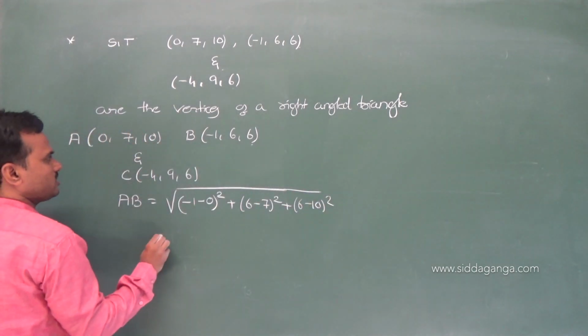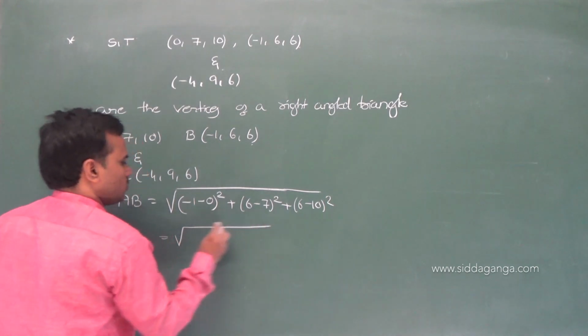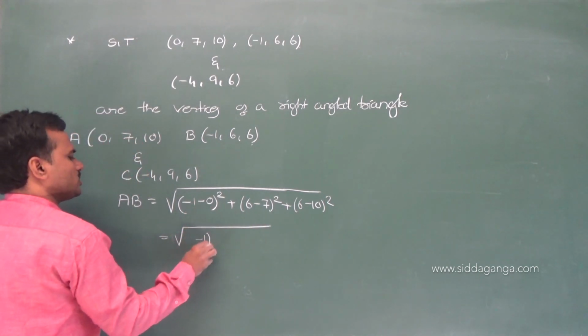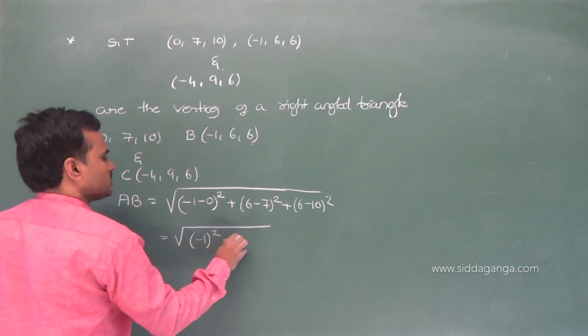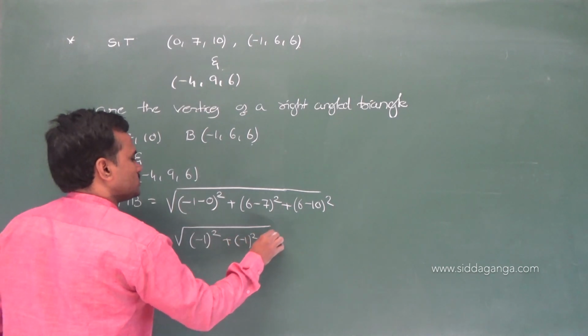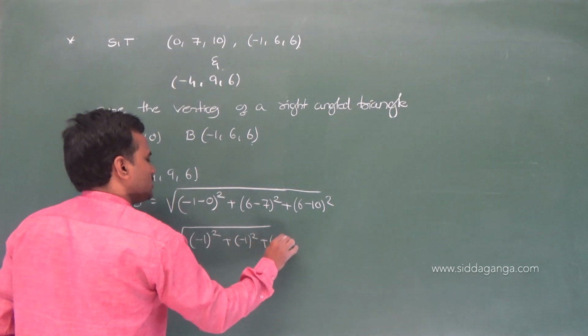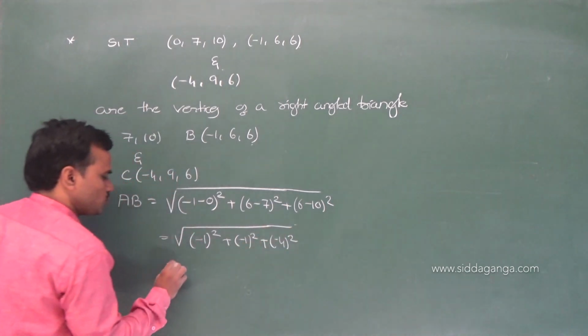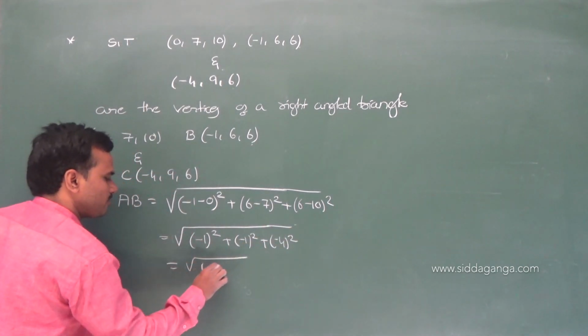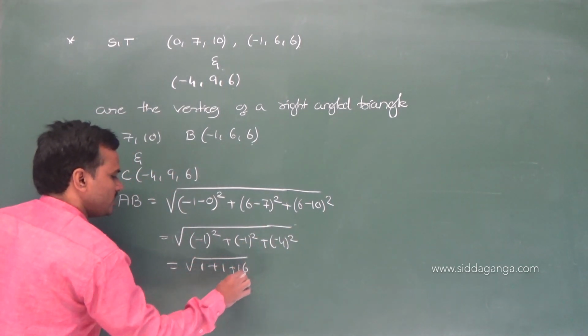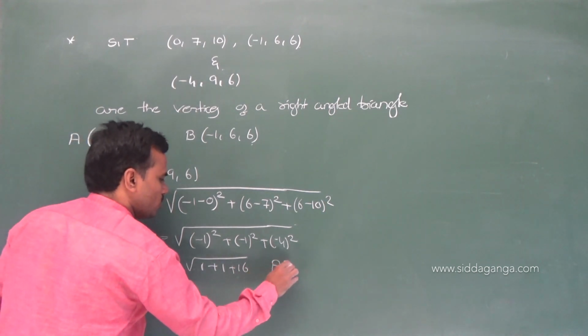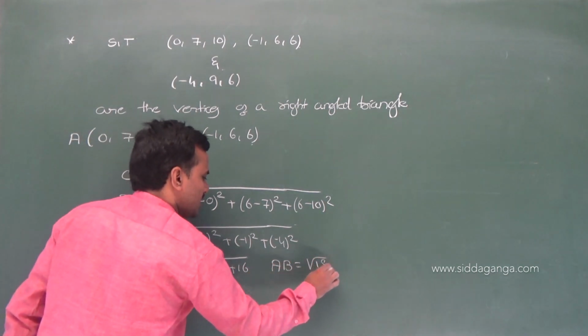Minus 1 square plus minus 1 square plus minus 4 whole square. So 1 plus 1 plus 16 is how much? AB is equal to square root of 18.